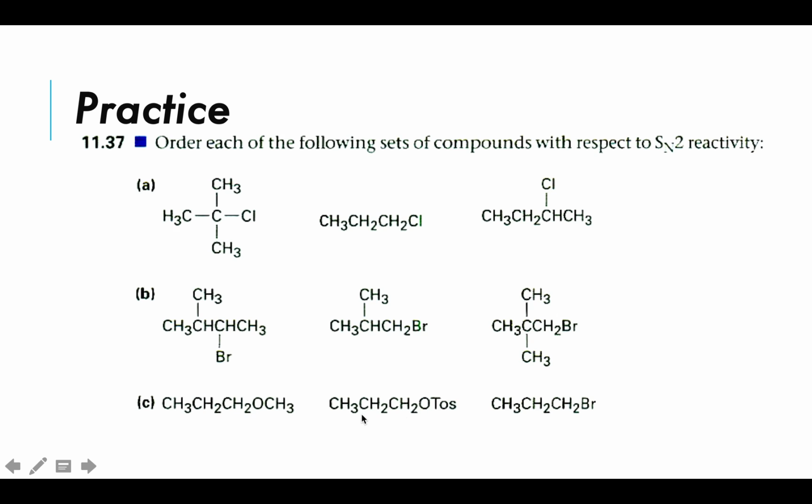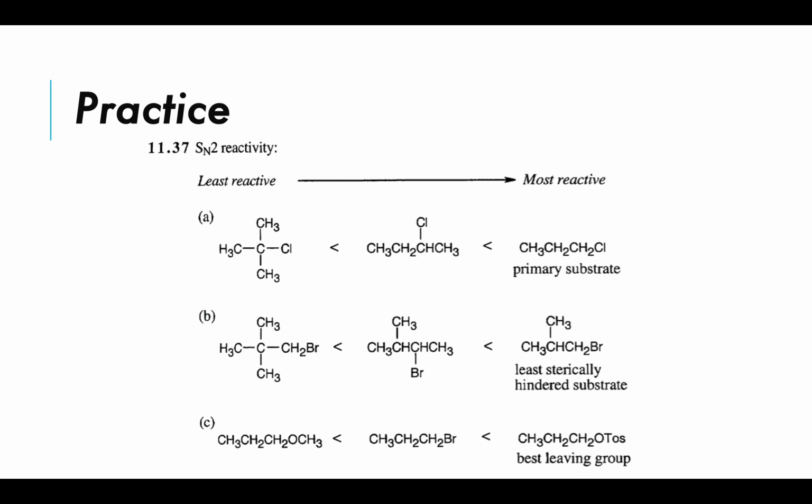They're all the same primary position. So this would be the most reactive. Bromides are also very stable. Methoxides are very bad leaving groups. So yan. So best leaving group, least steric hindrance, or primary substrate as well.